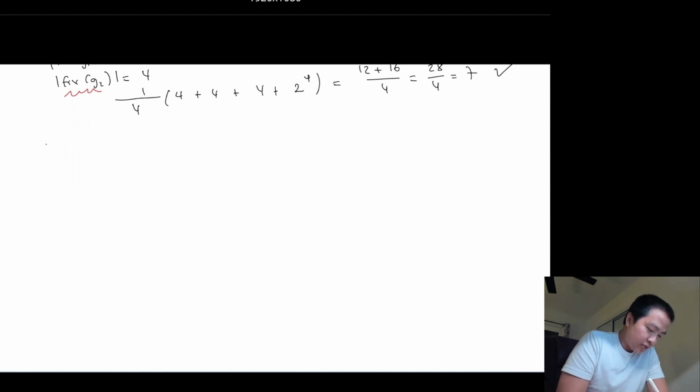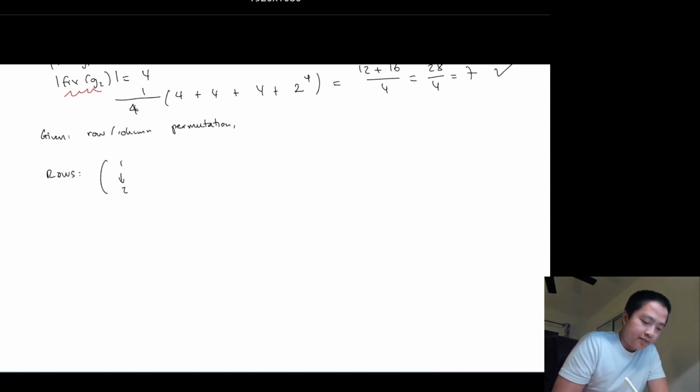For example, given row and column permutation, how to compute the size of the fixed set.